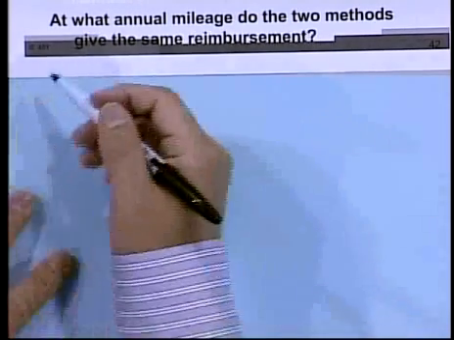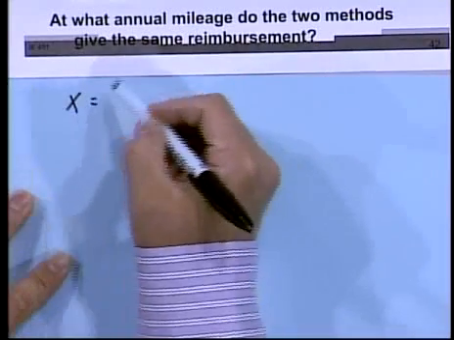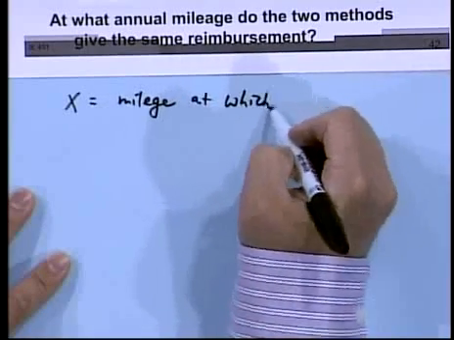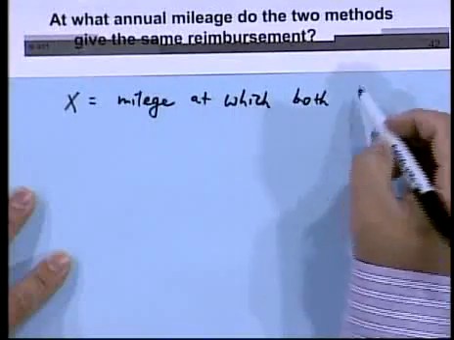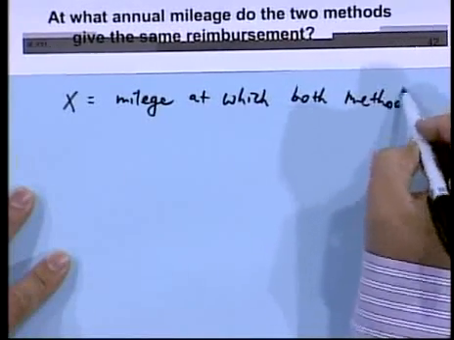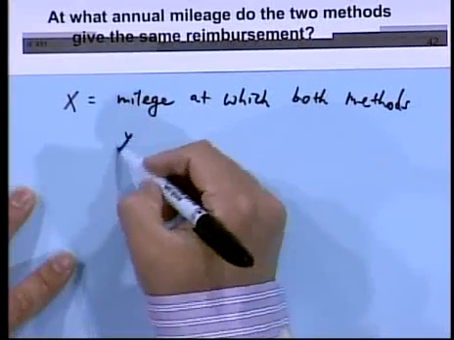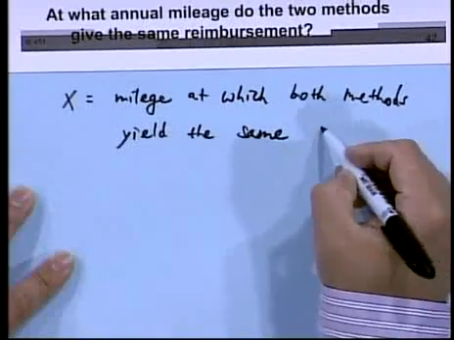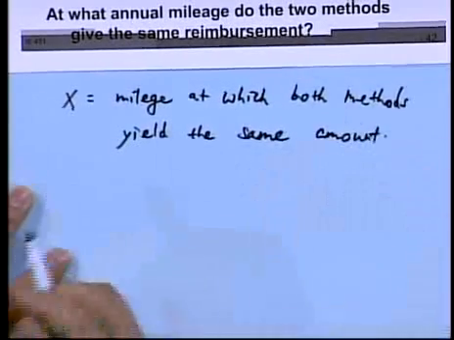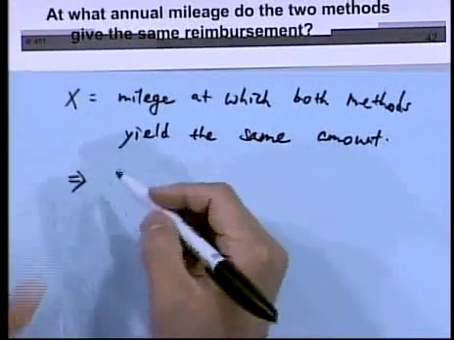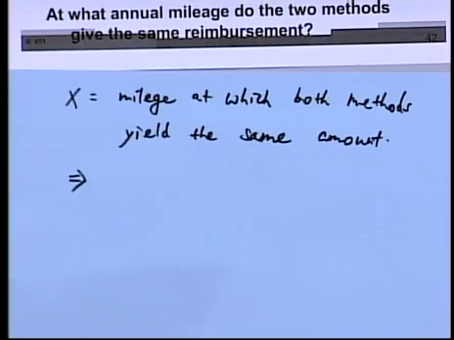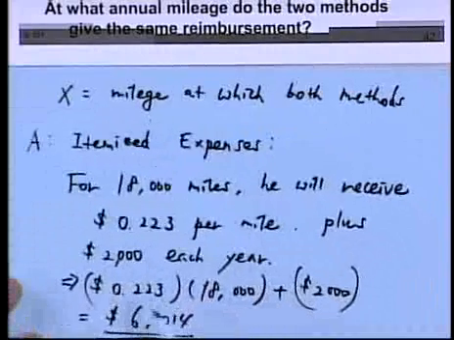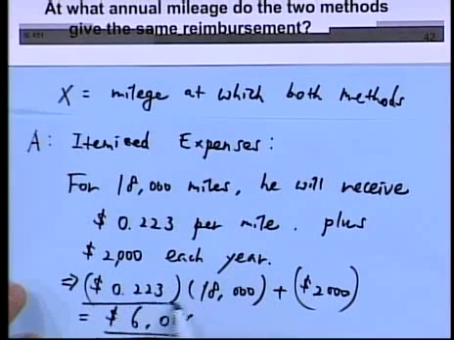So if we let X be the mileage at which both methods yield the same amount, then from the itemized expenses, we're going to use this formula.